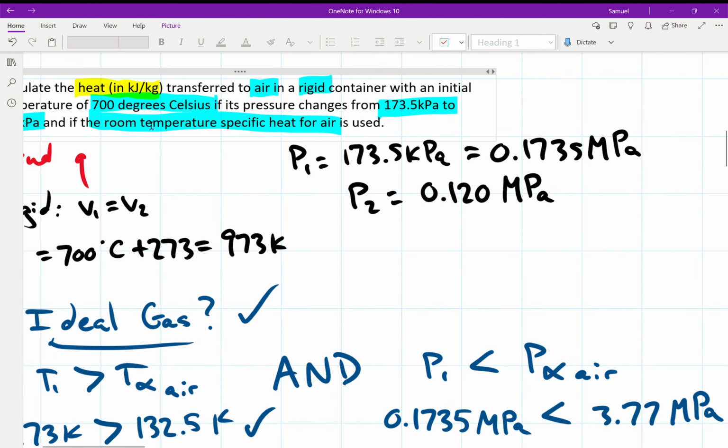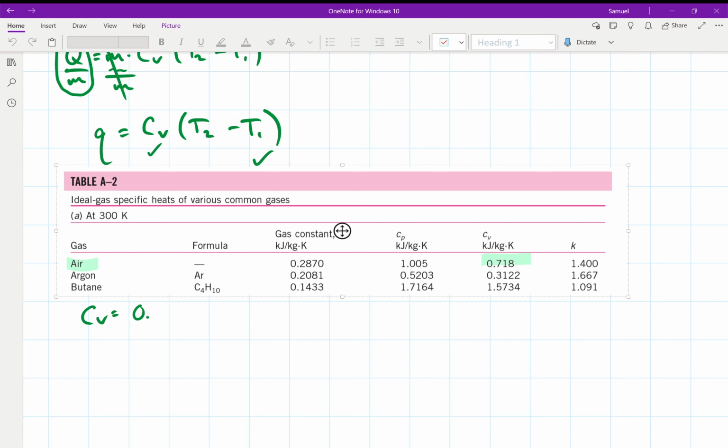We can get that again from table A2. Again, our substance is air, and we are finding this value here of CV. So we now have CV. We can say that CV equals 0.718 kilojoules per kilogram times Kelvin.